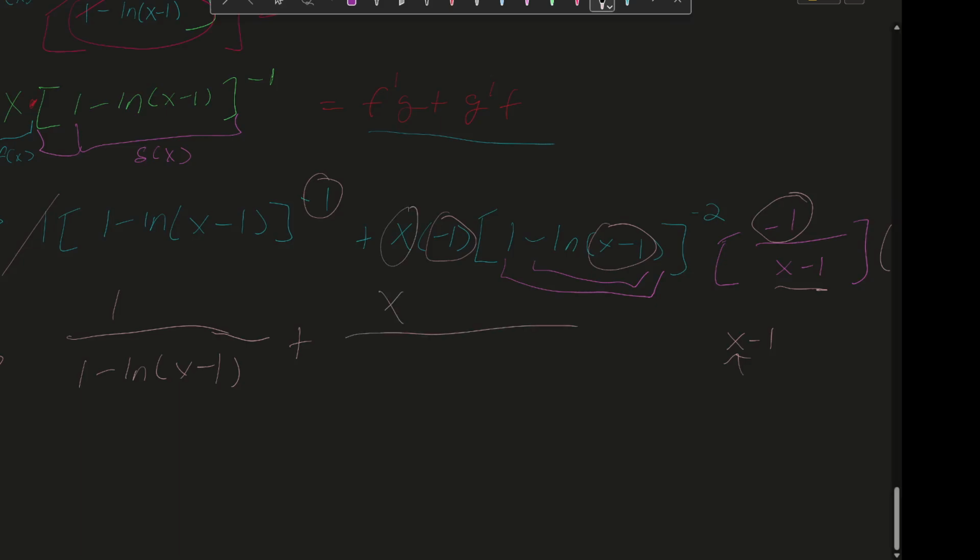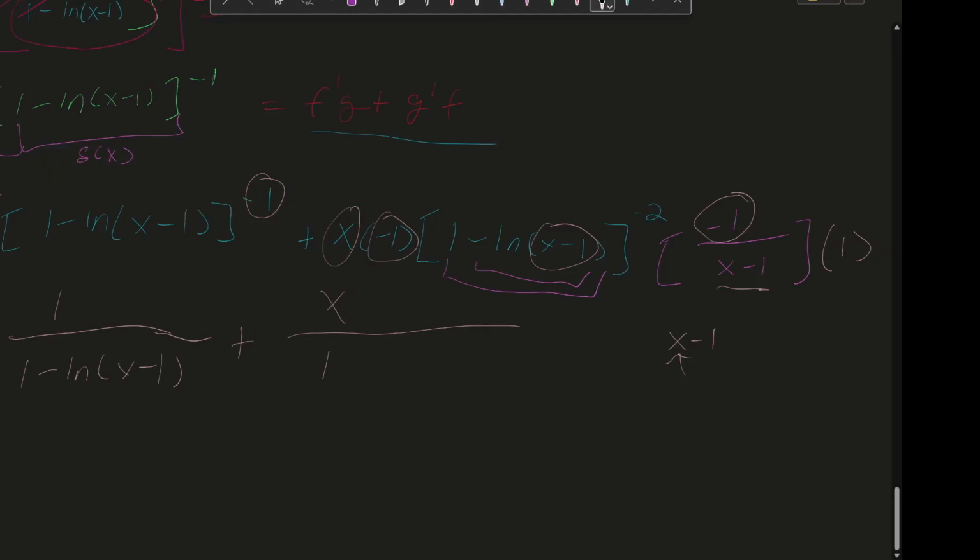So you'll have x over 1 minus ln of x minus 1. Okay. And then this 1, didn't even need to write it, but it just showed that it's there. And then times x minus 1.